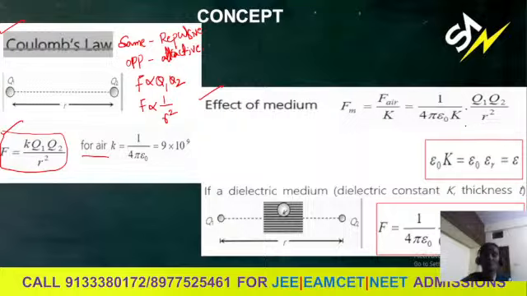Actually, we need to take epsilon naught into k, which is nothing but epsilon. You need to understand here epsilon naught is the permittivity in free space or in air. If you are taking epsilon naught into k, which is in the medium, we are finding the force when a medium is present between the charges.